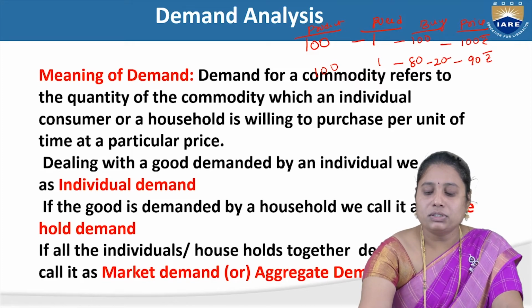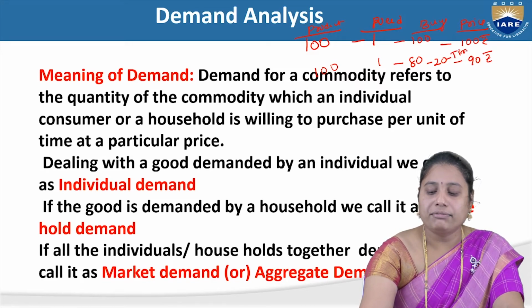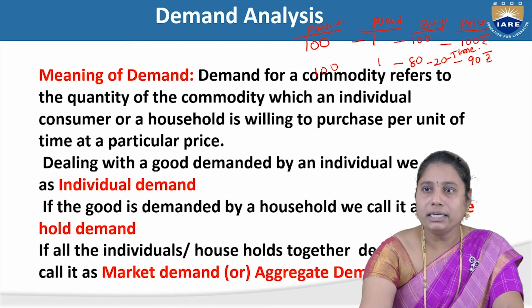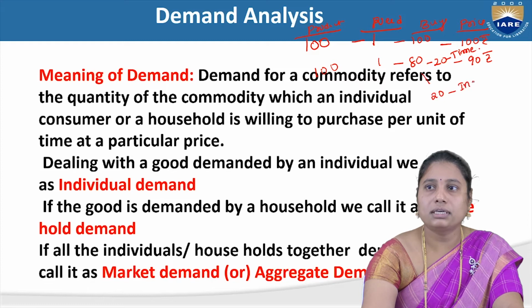So these 20 members dropped because of the time factor. Then the remaining 20 members withdrew because they don't have the income. Again the price will be reduced to 80 rupees.